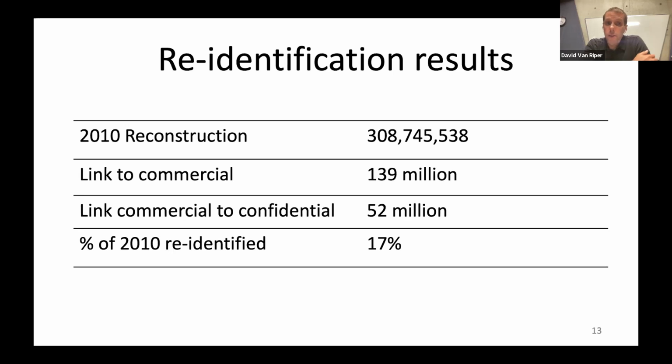Now, of course, that 17% re-identification can only be confirmed if you have access to the confidential data, which has names on it. Anyone outside the Census Bureau doesn't get access to that. We have no way of knowing whether the matches are confirmed, but the Bureau does have access to that. The 17% re-identification rate was substantially higher than prior re-identification experiments that the Bureau had undertaken.